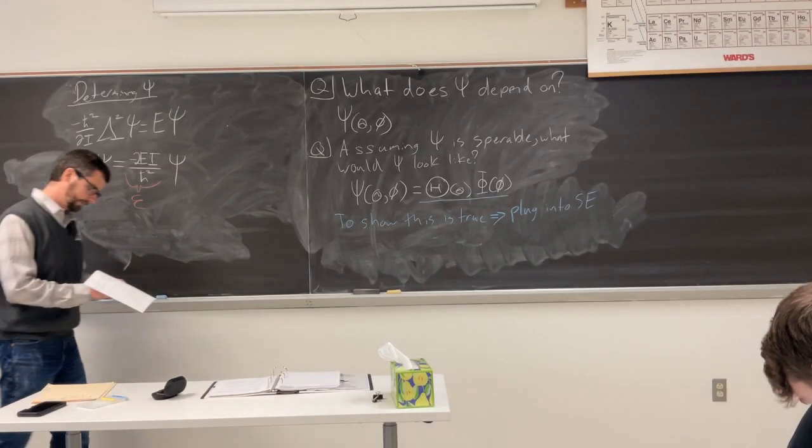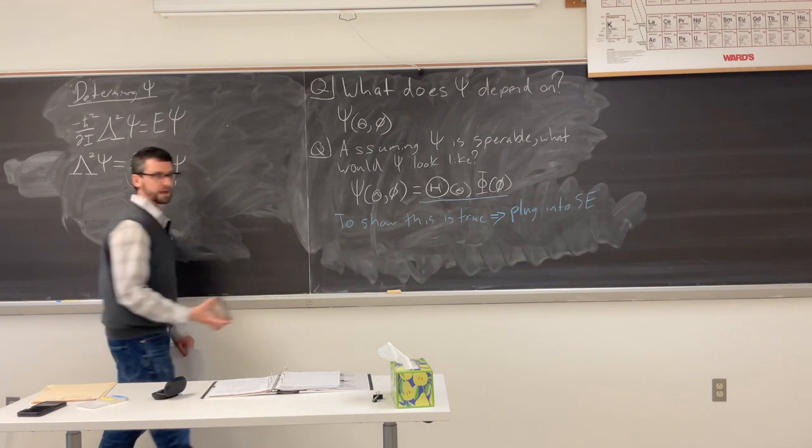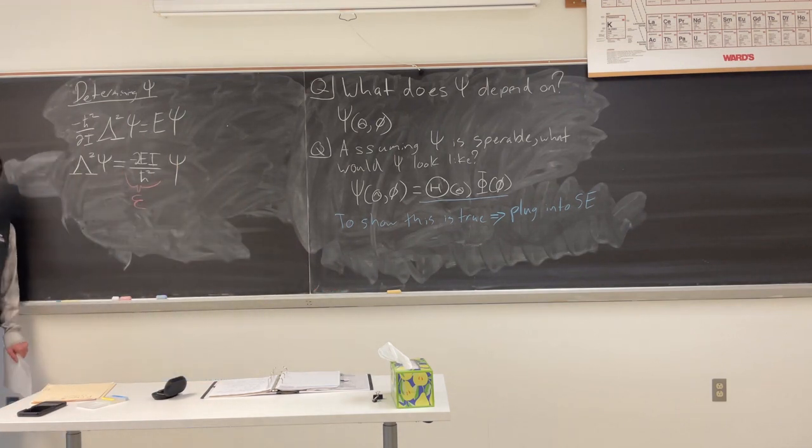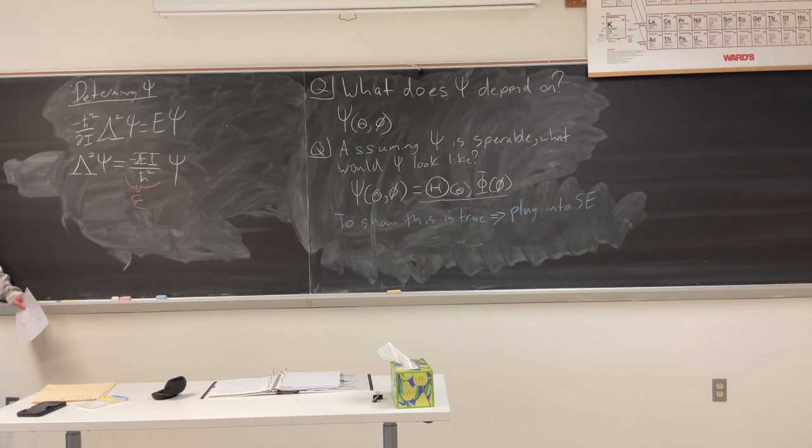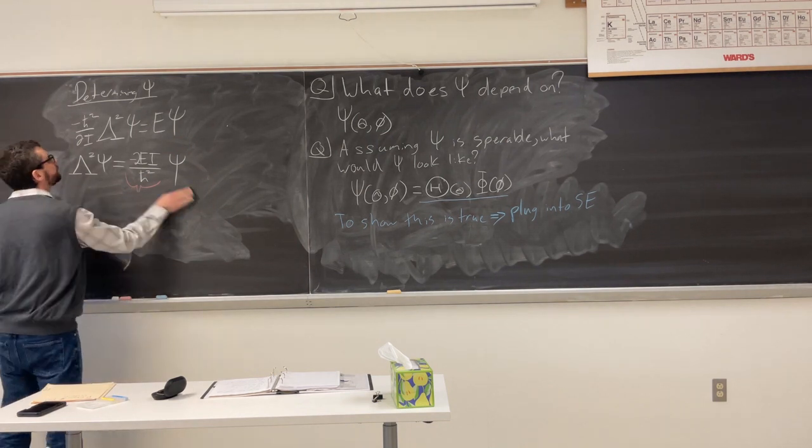This is where we're going to have a lot of algebraic manipulation. If a symbol doesn't look quite right or you're not sure what we're writing down, yell at me so we can correct that. But we're going to apply separation of variables like we did for a particle in a 3D box to our system. Make it work.